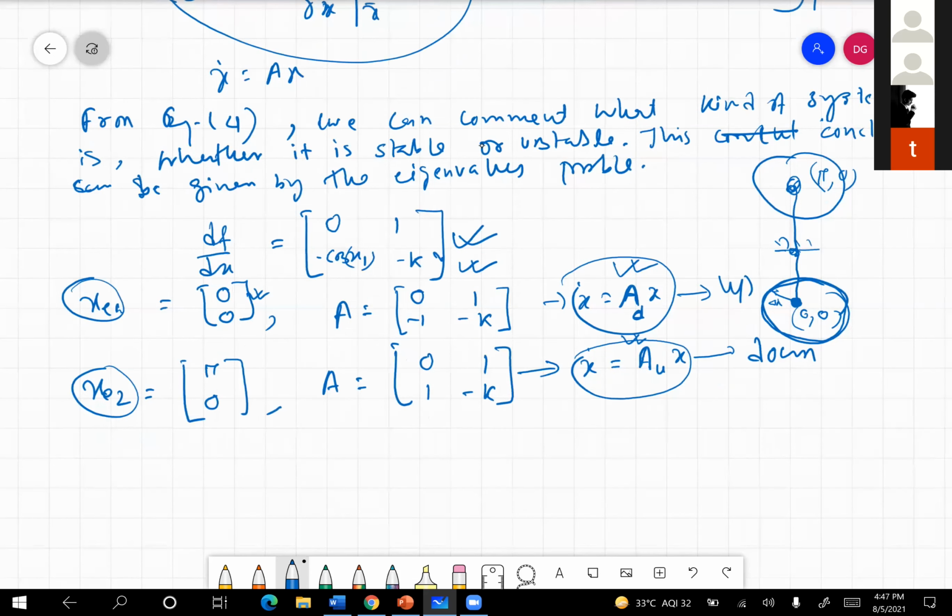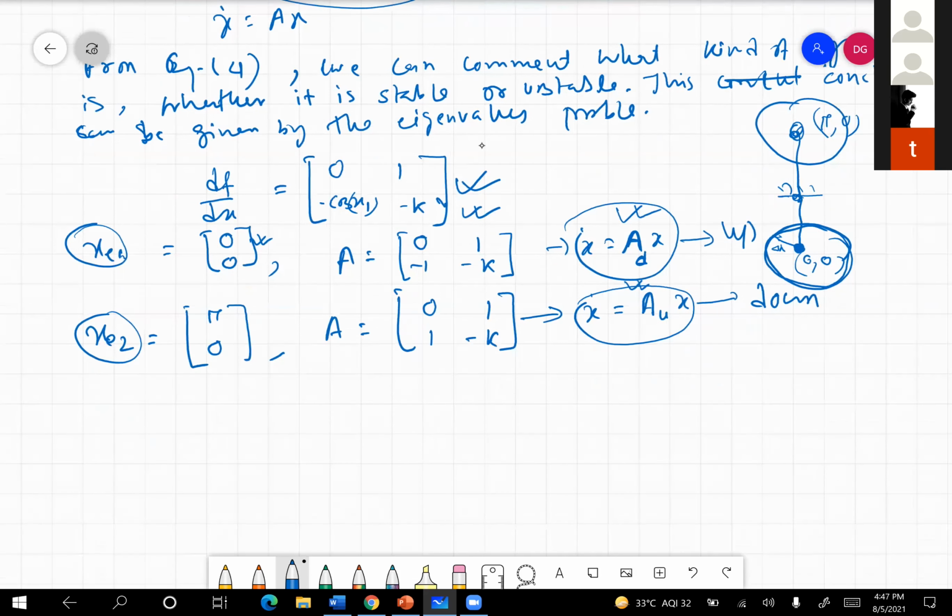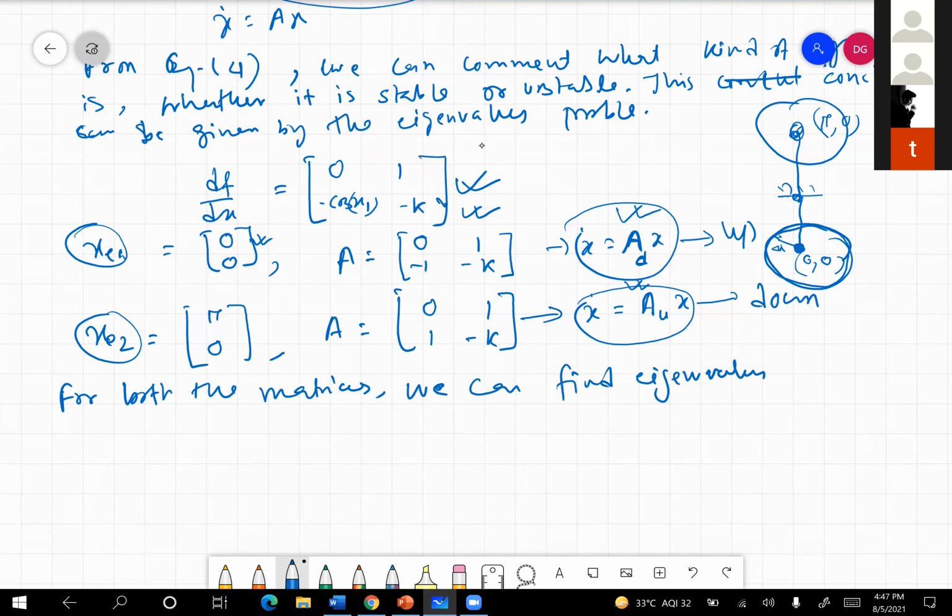Now we will look at the eigenvalues of these matrices AD and AU. Let me write something for both the matrices. We can find eigenvalues and comment on stability.